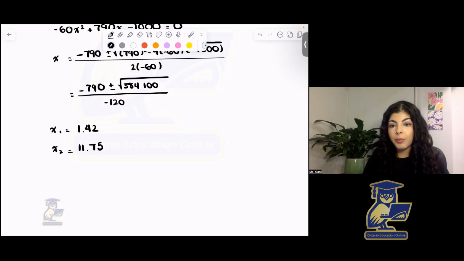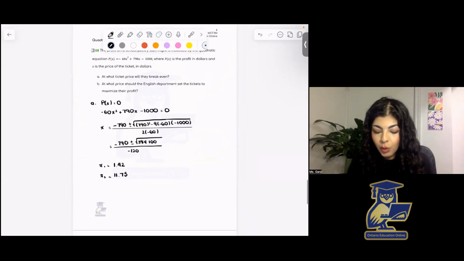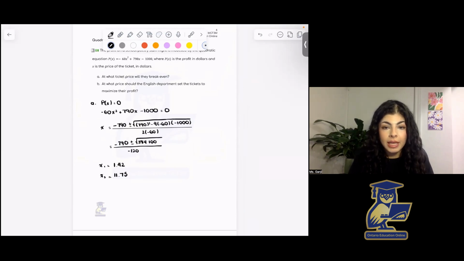Generally we round to 2 decimal points anyway, but because we're working with dollar values, we definitely want to use 2 decimal points. Remembering x was the price of the ticket, that makes sense. If their ticket price is $1.42, or if it's $11.75, they will break even.